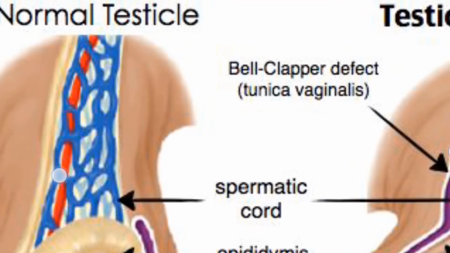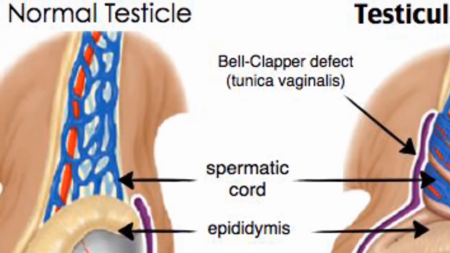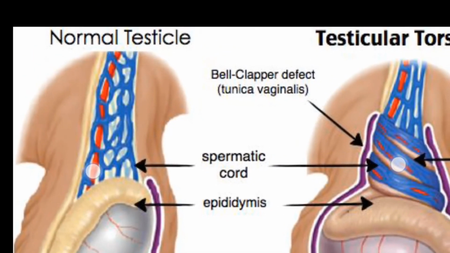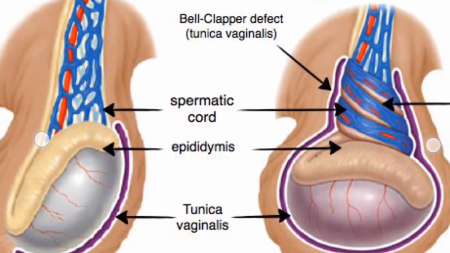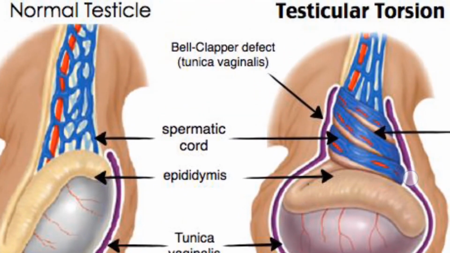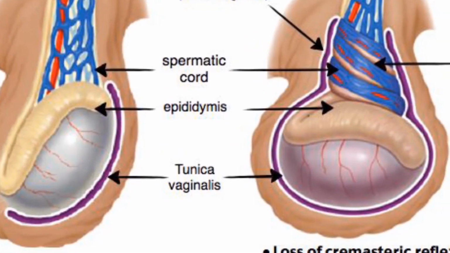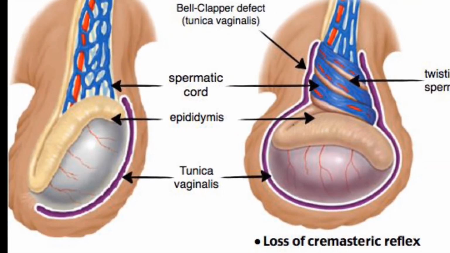In a normal testis, the spermatic cord is just lying straight downward. But what happens in testicular torsion? There is the rotation of the testis around the spermatic cord, but it occurs only within the scrotum. So torsion means rotation, the rotation of the testis inside the scrotum.